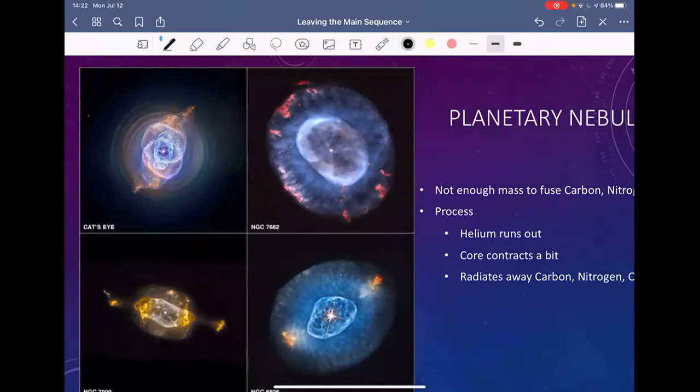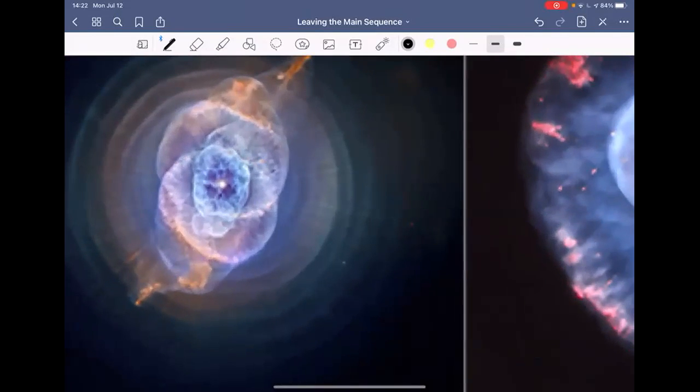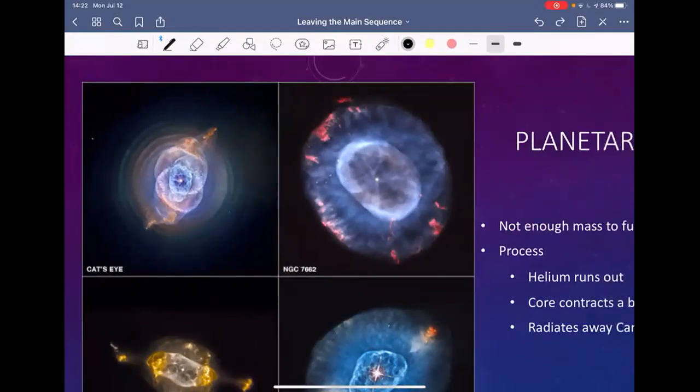So not really an explosion, just a gradual process of the sun dispersing throughout space. So that's what a planetary nebula is, the death of a star. And in the very center here is our core. That's our core of carbon, our core of nitrogen, or basically the last element that our sun couldn't burn up.